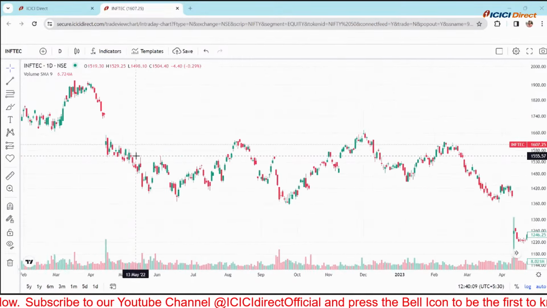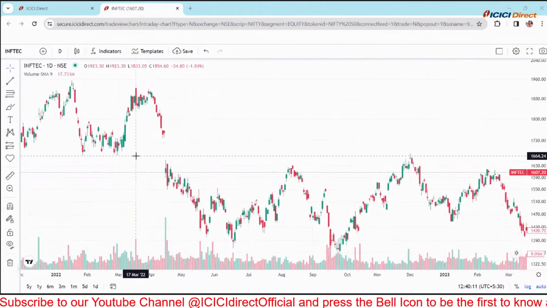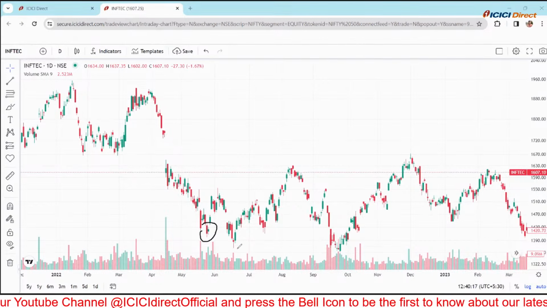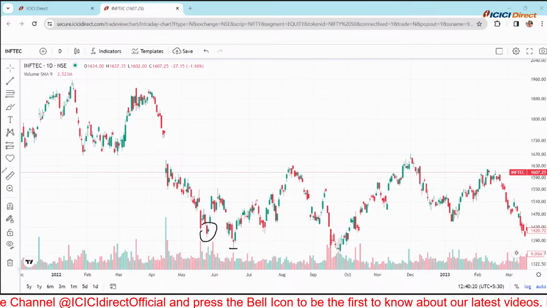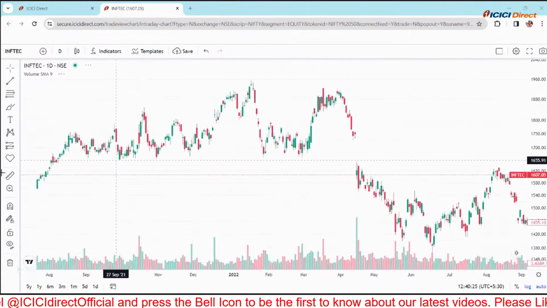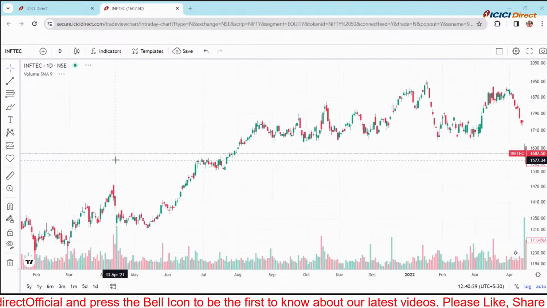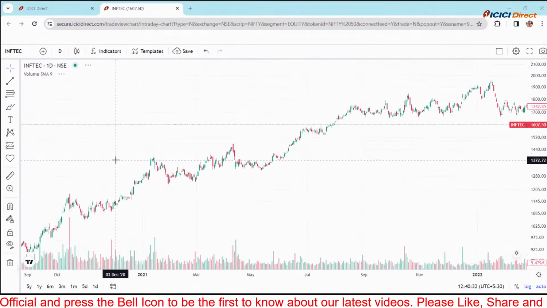Okay, see this. This is a Harami which is made here, but it was taken out here. But a hammer was made, and from there we went up again. Piercing, where are you? We have a downtrend somewhere.